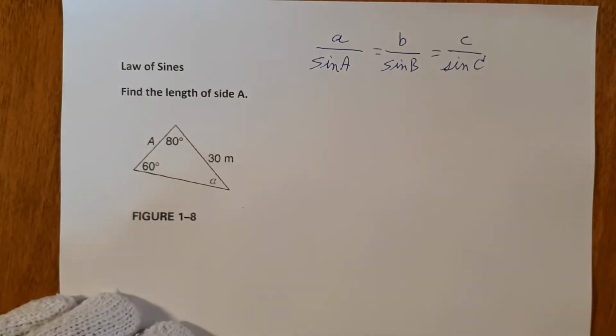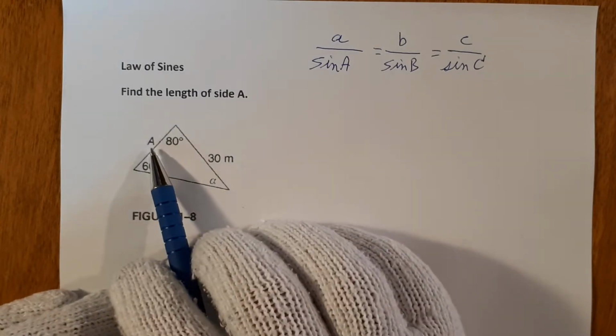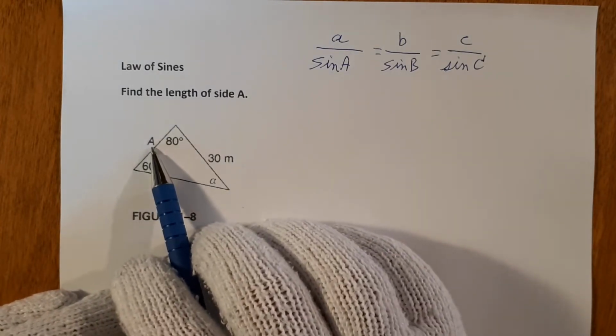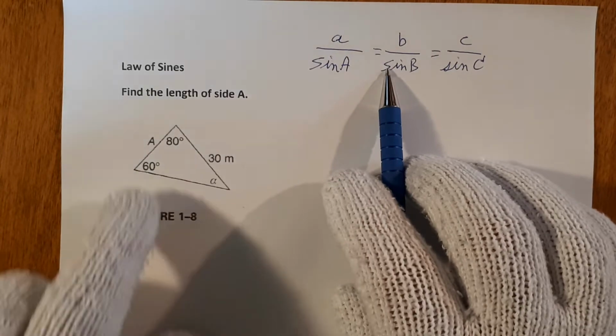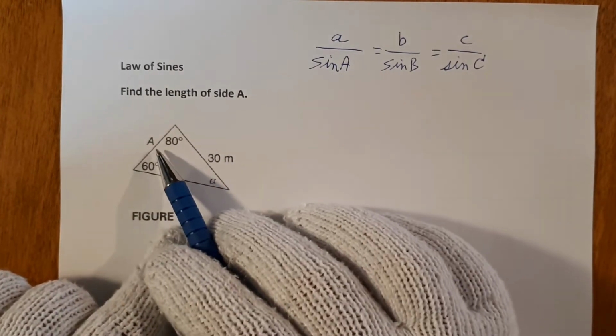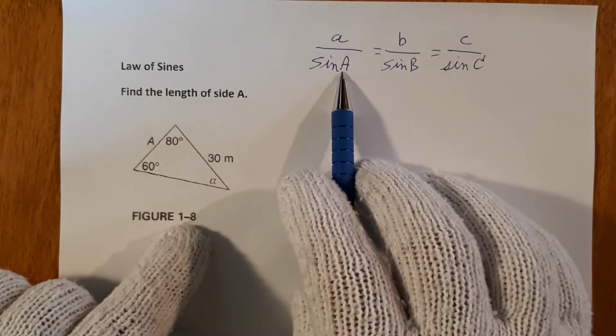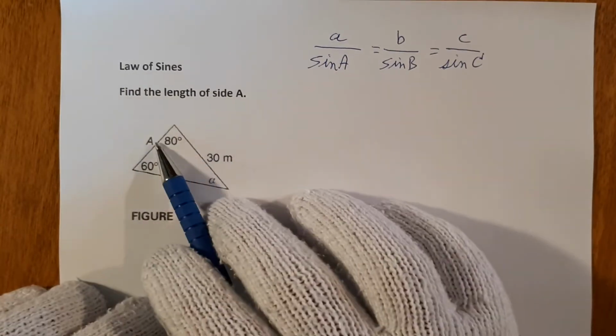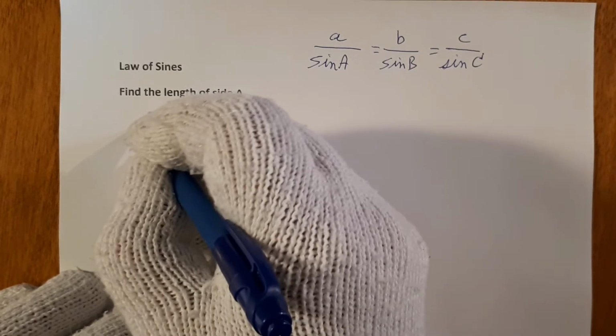So let's have a look here. And immediately I see I have a capital letter A, and that would be incorrect. That would be confusing, to say the least, in solving this using this equation, with capital letters representing the angles. So this ought to be little letter a.